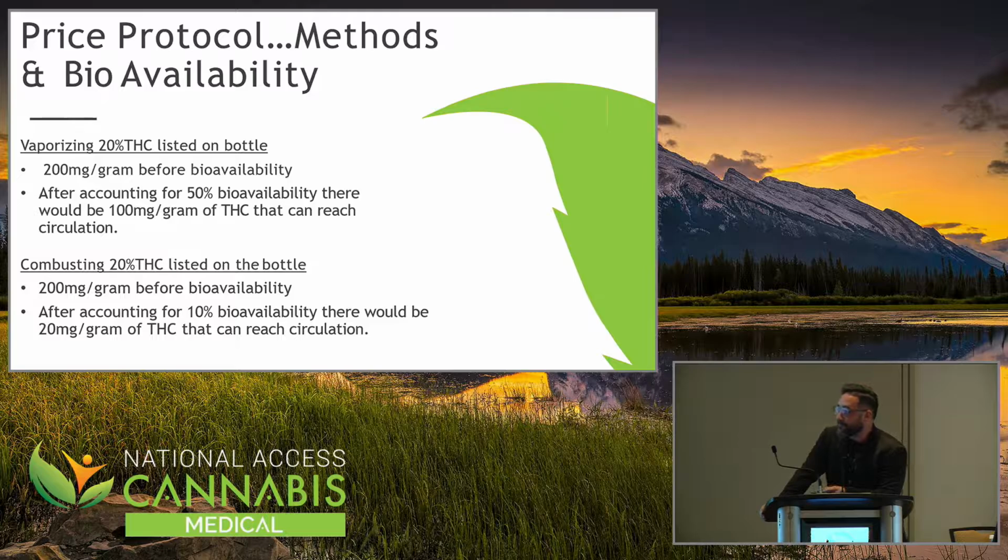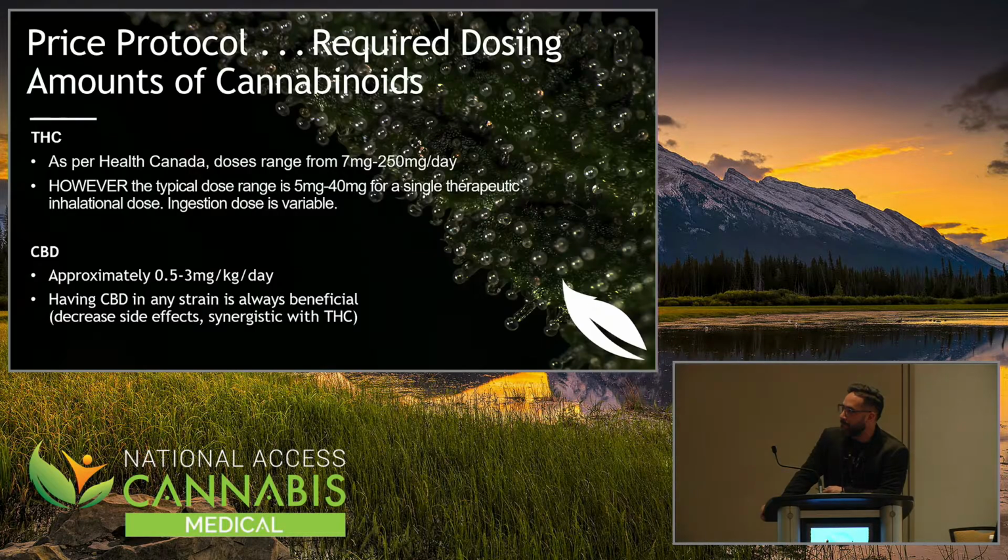Now, if we have that on the bottle, if we're using combustion, 200 milligrams per gram, after accounting for bioavailability, now you're down to about 20 milligrams per gram. So you see the difference? You see the functional amount? This is a great tool to use when talking to patients and even to the general public when educating them on the difference between vaporization and combustion. These are the things that I accounted for when going into the protocol.